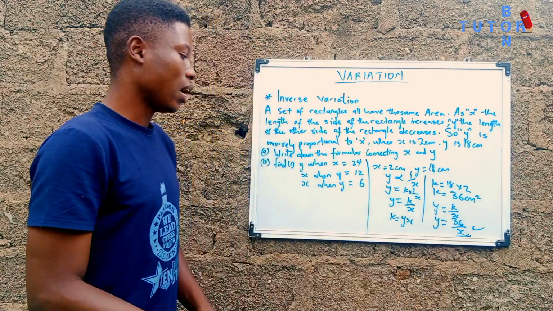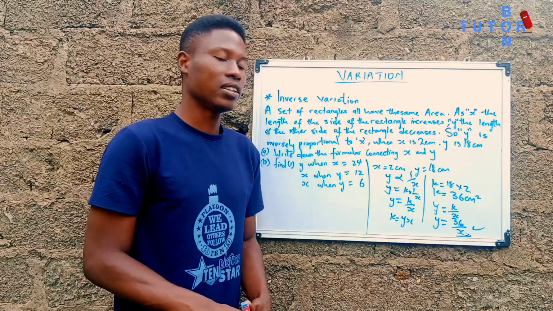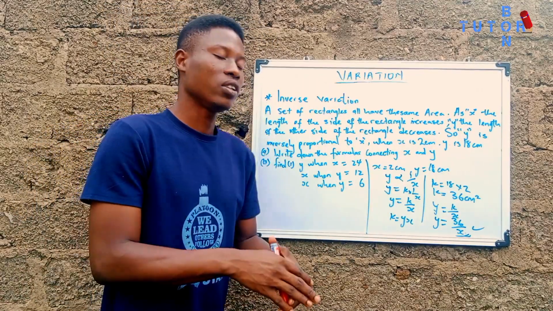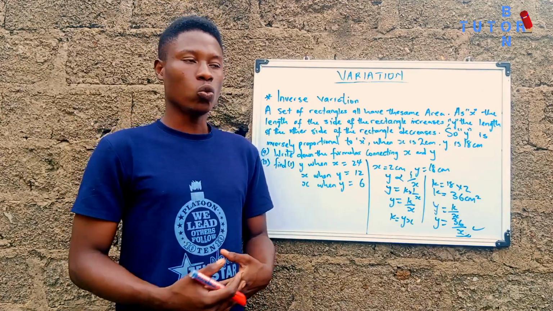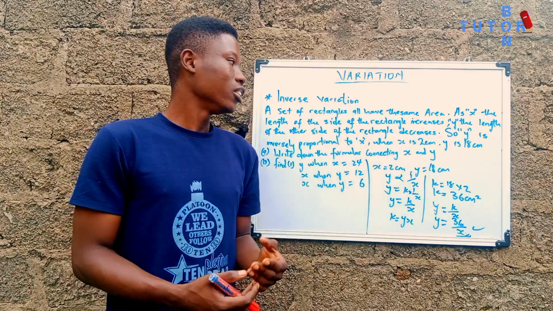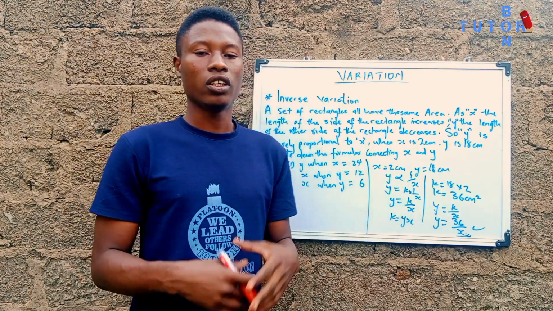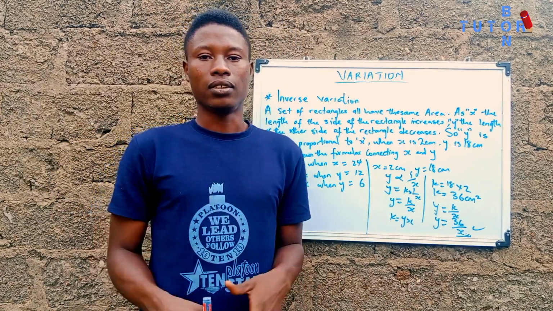The constant we have there is 36, and that constant is our area. It is the area of all the rectangles, which they said is constant. In another question, they might ask you what is the area of the rectangle, even without supplying all this. So the area of the rectangle is 36.